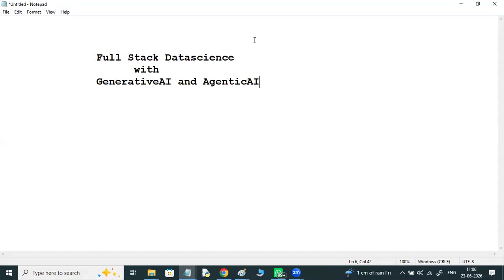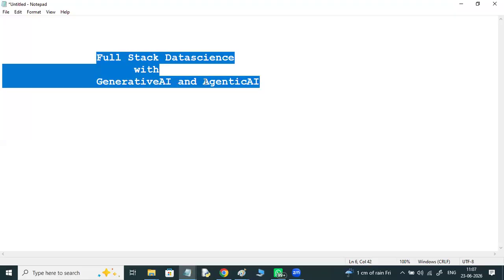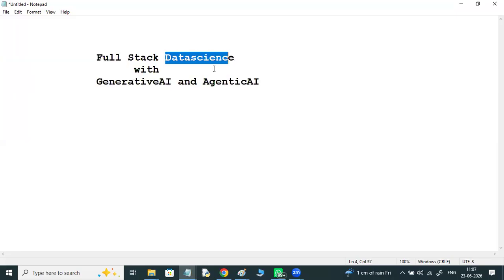The course is designed in such a way that you will be covering all the concepts from A to Z. It's an offer batch, so it is going to cover all the topics of data science and AI, including generative AI and agentic AI, advanced AI concepts, especially in agentic AI, where we will be discussing the more advanced concepts.